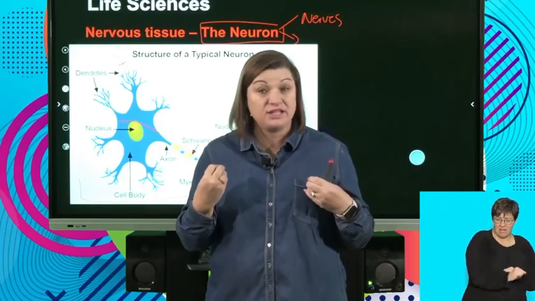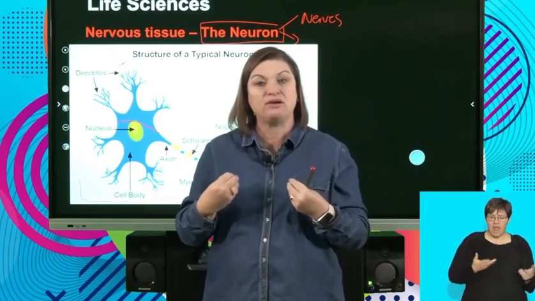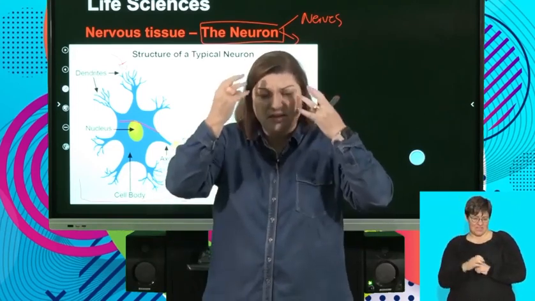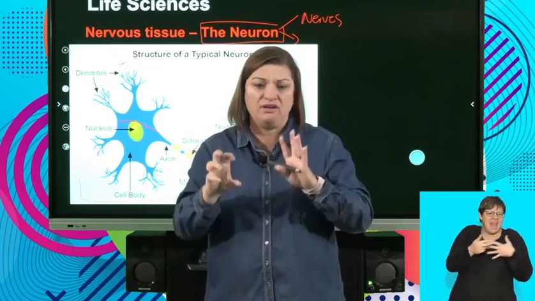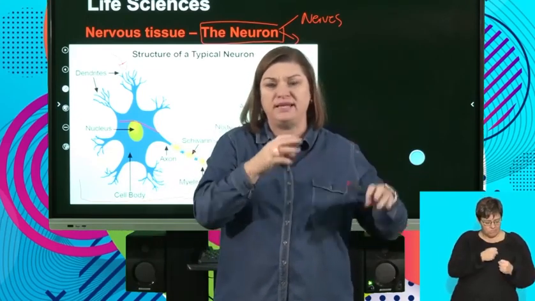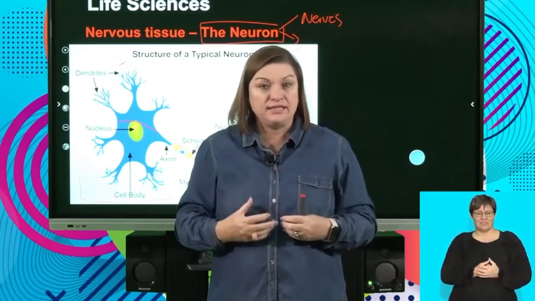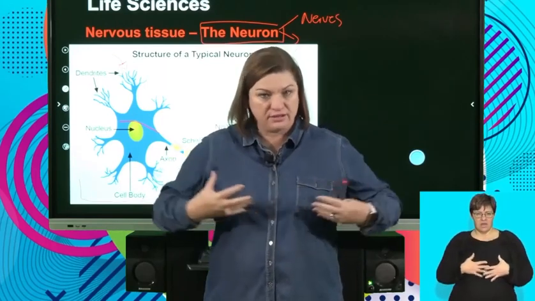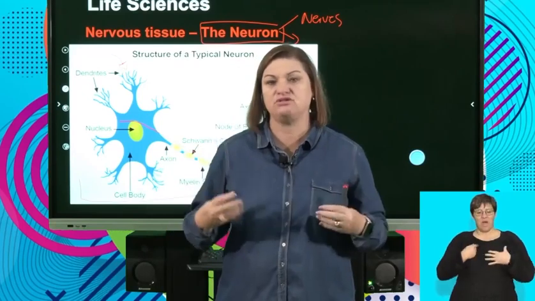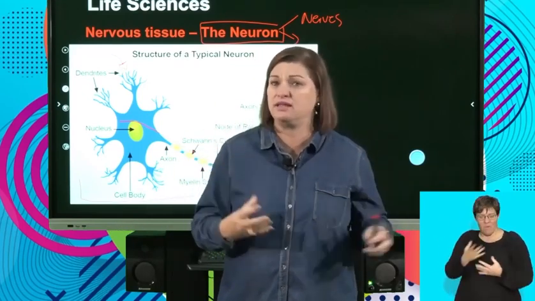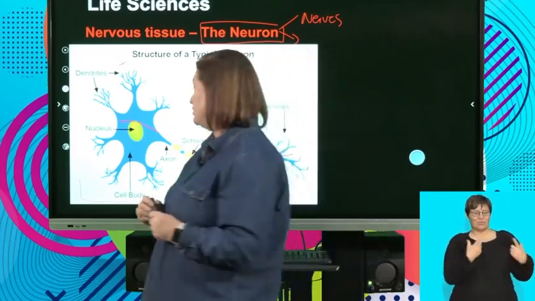Where does the message come from? The brain or the spinal cord, which is the nerve. How does my heart know how fast to beat? The brain will tell it. How do I know that I need to breathe? My brain will tell it, because that's my smooth muscle, etc. So the brain is going to tell mostly the muscles and other things how to do their work.